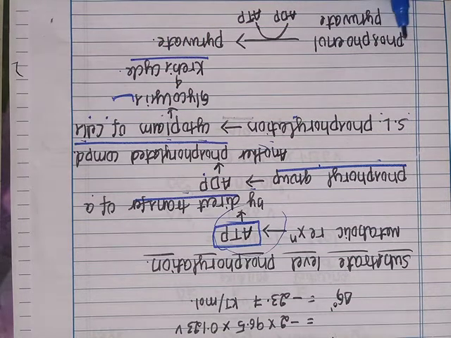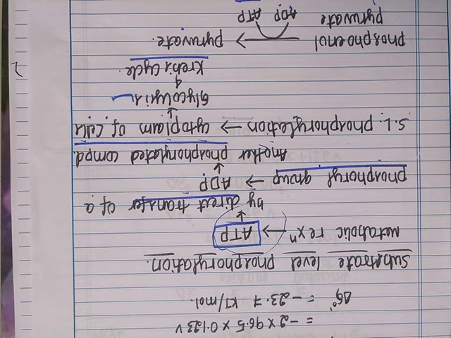Here you can see the phosphoenol pyruvate, which directly transfers one phosphoryl group to the ADP, and this phosphoenol pyruvate gets converted into pyruvate, so that the ADP gets phosphorylated into the ATP, which is called substrate level phosphorylation.